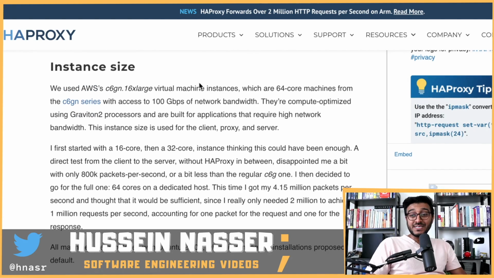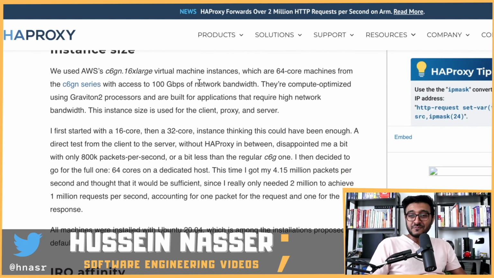So it's obviously a great machine with access to 100 gigabit per second network bandwidth. Very critical here, because I'm going to talk about this. They're compute optimized using Graviton processors and built for applications that require high network bandwidth.